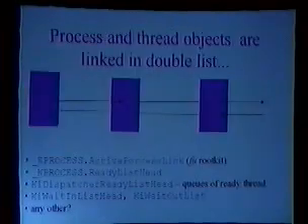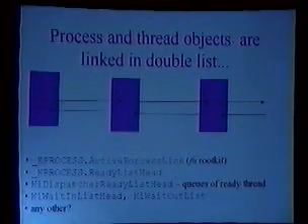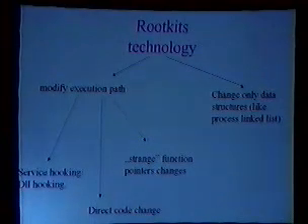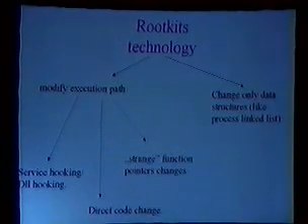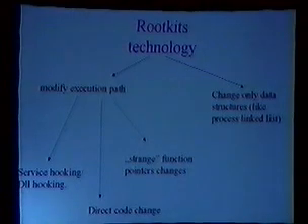Okay, so we see that just data, because this kind of rootkit, a FU rootkit, fits into this category. This is the rootkit which does not change the execution path. It does not hook any function. It just changes the kernel structures.